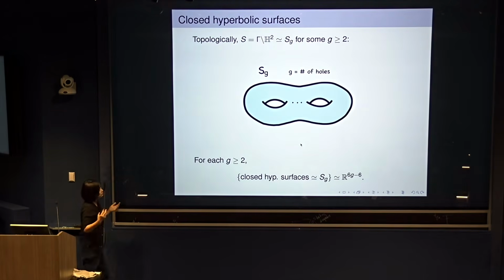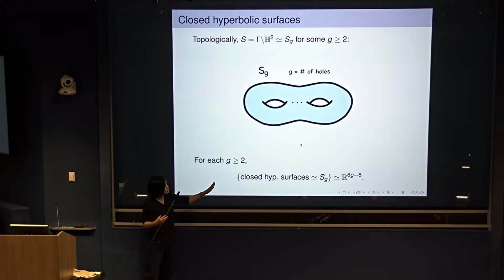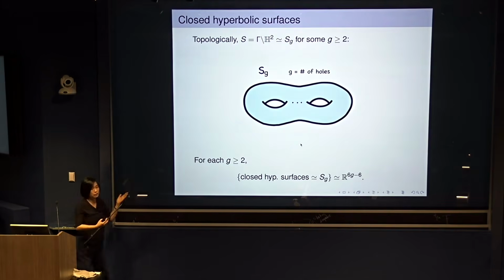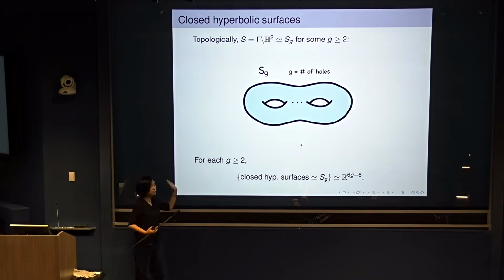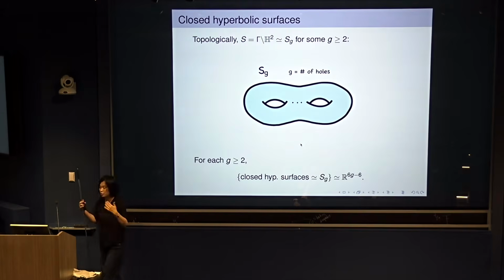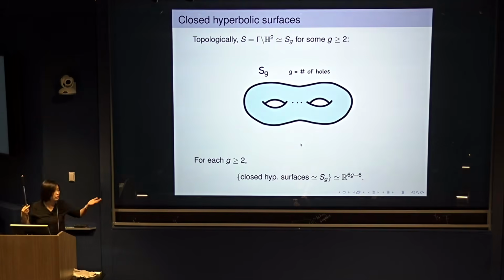And moreover, if you consider the collection of all closed hyperbolic surfaces which look like this donut with G number of holes up to isometry, it's a huge space. So this is diffeomorphic to R to the 6G minus 6. Okay? So you not only have infinitely many of them, you have a continuous, uncountable family of many, many closed hyperbolic surfaces. So she has many choices for her next journey.